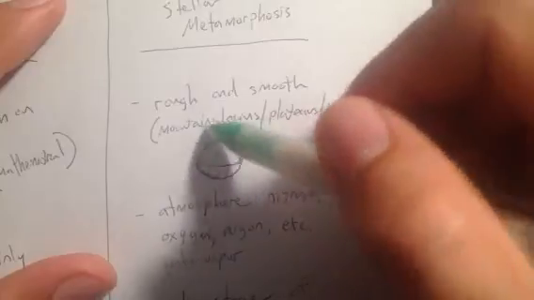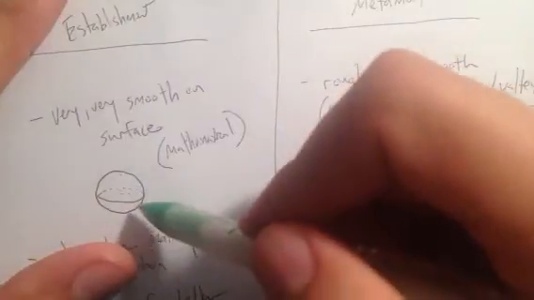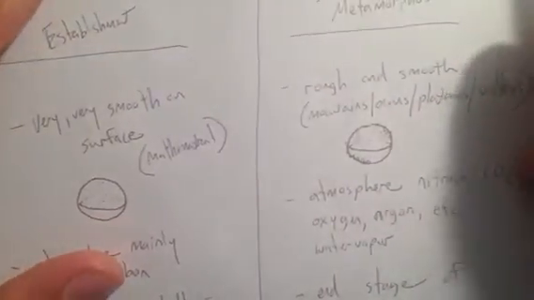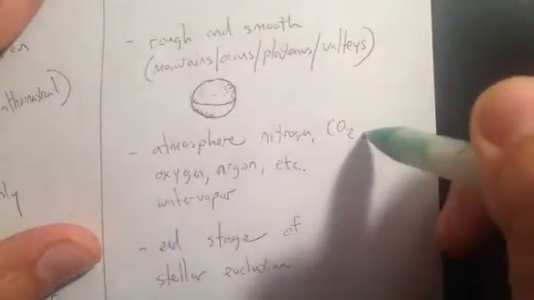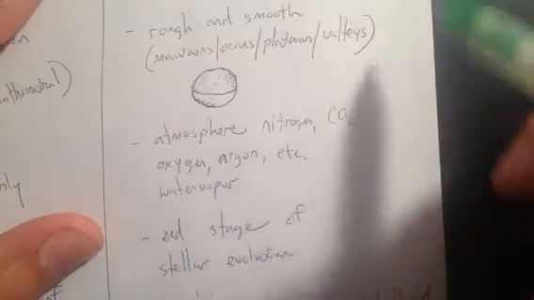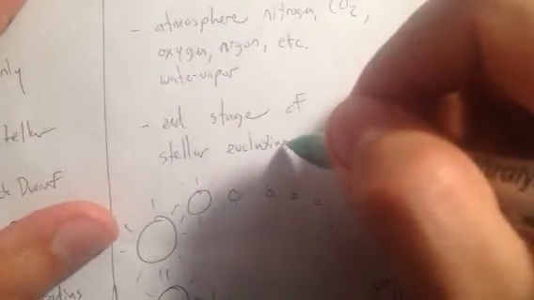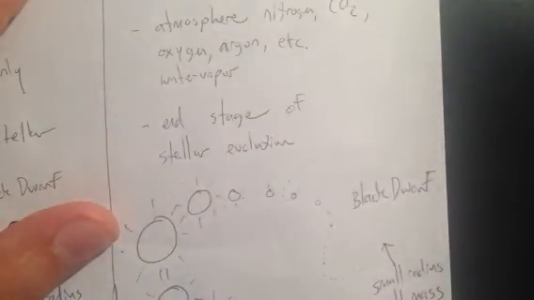So you can include all these variables in there and still be way more correct than the unrealistic, very smooth surface of the theoretical black dwarf. Their atmospheres have nitrogen, carbon dioxide, oxygen, argon, water vapor, etc. They are the end stage of stellar evolution, and that's the main thing that's correct with establishment. Is that, yeah, they are the end stage of stellar evolution.